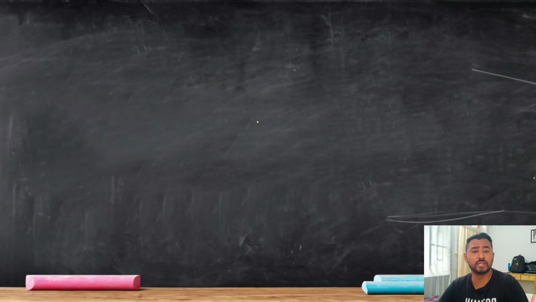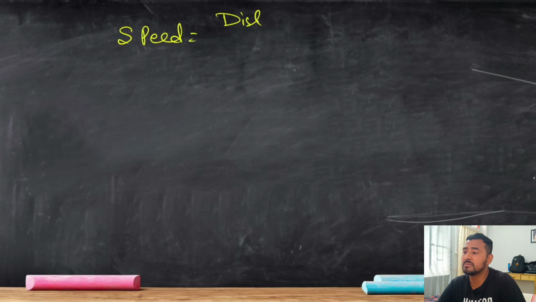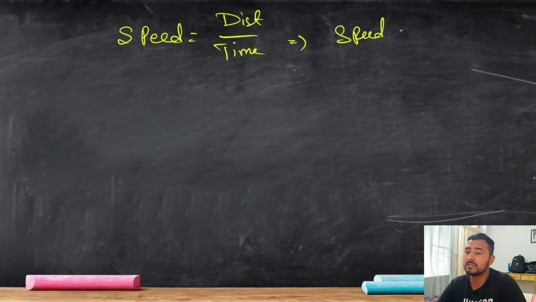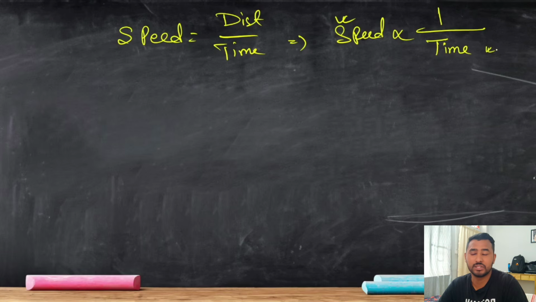So let's see some more things related to speed, distance and time. Like I said, speed is equal to distance by time, right? So you can also say speed is inversely proportional to time. This means the more the speed, the less time will be required to reach the destination. Suppose I give you two objects, say A and B, and the speed of one object is 2 kilometer, in the ratio, and for the other object is say 3 kilometer.